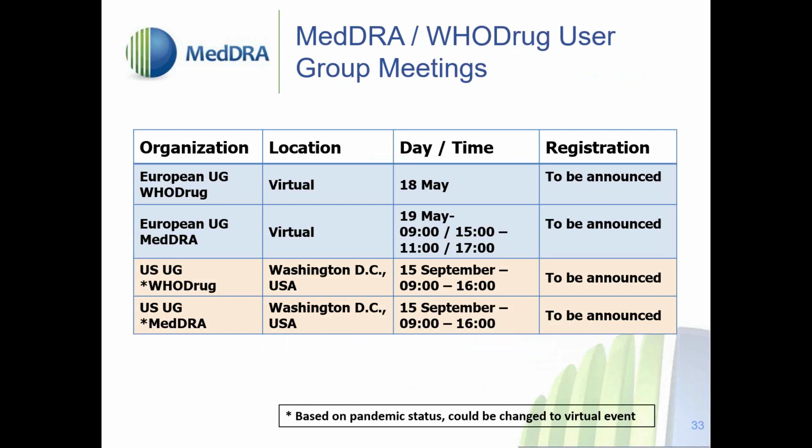As you know, due to the pandemic, this situation is very dynamic and fluid, and therefore I would highly recommend for you to check our user group page for the latest information as far as the time, as well as the venue, and of course, all of the registration links will be posted as soon as they are available. The US user group is going to be held in Washington, DC, and here are the dates and times for each of these. Again, I do recommend highly that you check the user group page for updated registration links as well as times. Next slide, please.